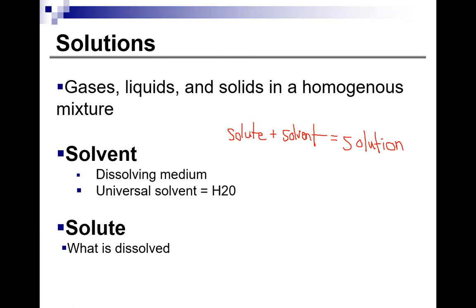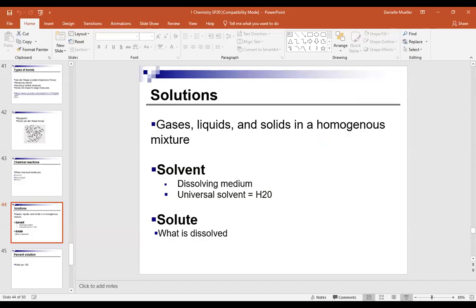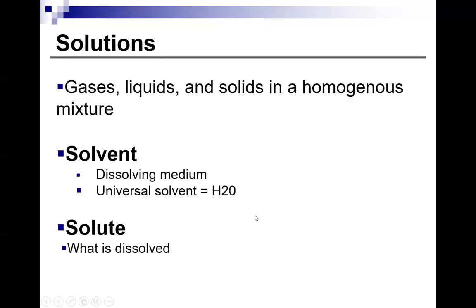But typically we think of dissolving a solid into a liquid. And you can have solutions of gases too, and usually the same applies. Whatever gas is in smaller amounts would be the solute, and whatever one is in larger amounts would be the solvent, and then all of it together would be that solution.